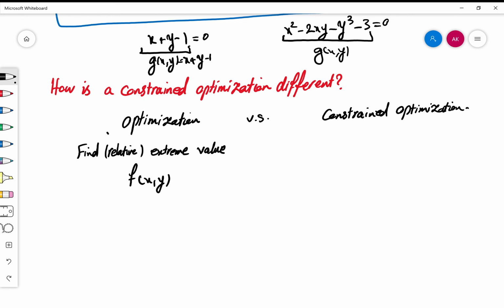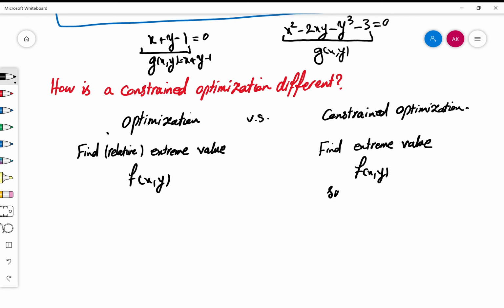But in the constraint one, we are still interested in finding the extreme value of a function f of x, y, but we are not just interested in that.